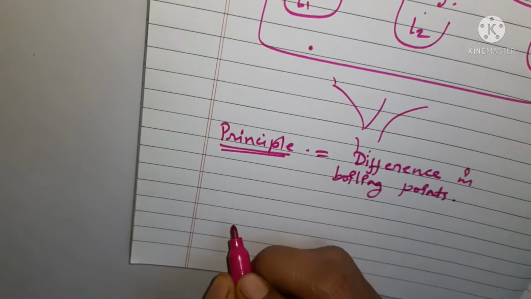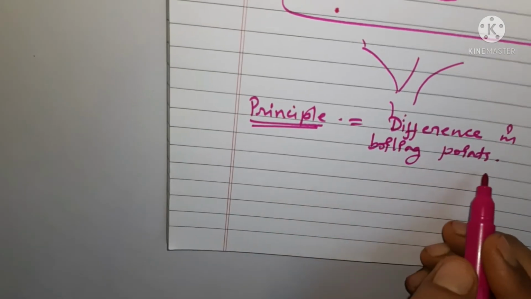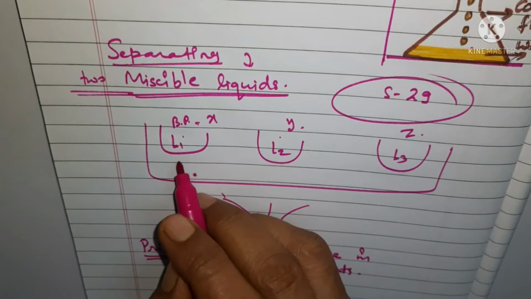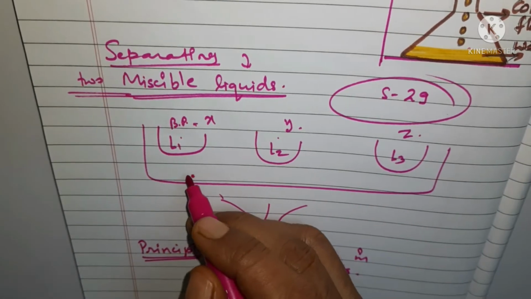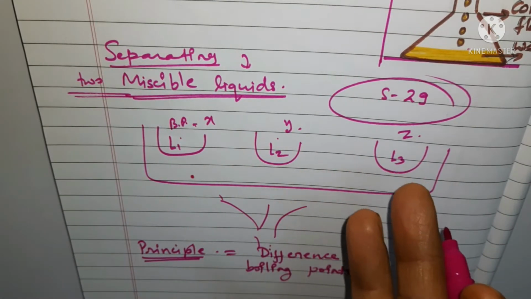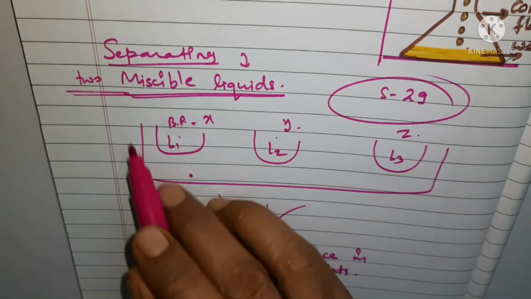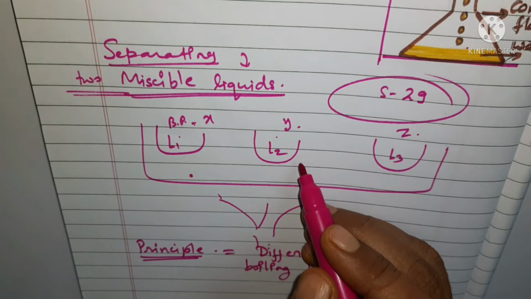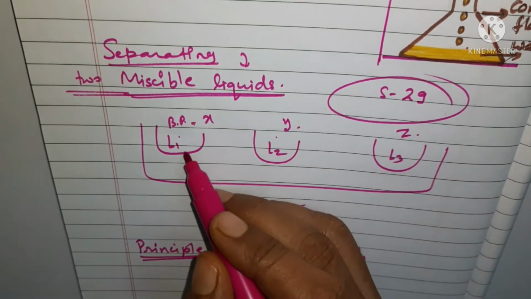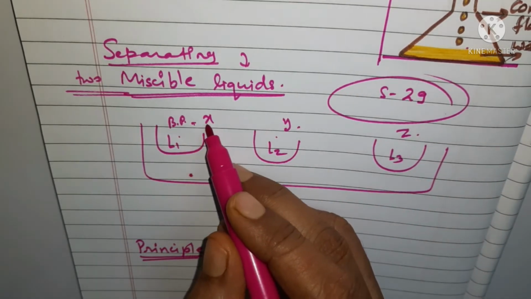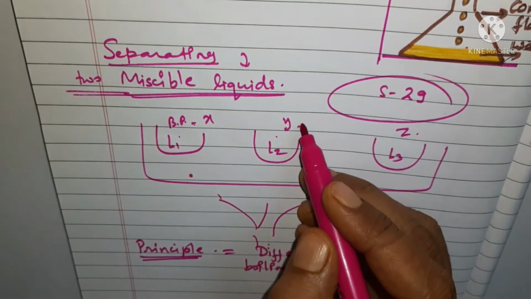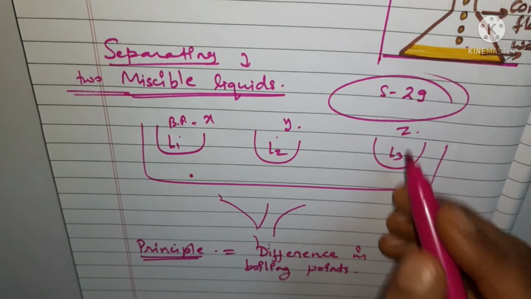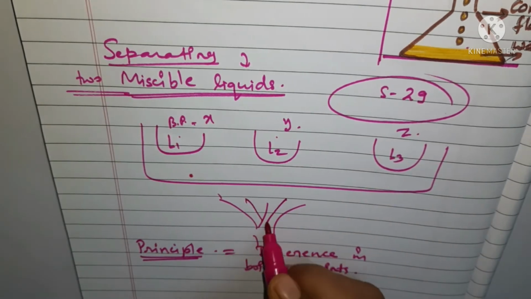So what will happen? Suppose three liquids are given here. Just an assumption: this is a mixture of liquids, and this is the first liquid, this is the second one, and this is the third one. The first liquid has boiling point X, the second liquid has boiling point Y, and the third liquid has boiling point Z. What will happen when you heat them up?